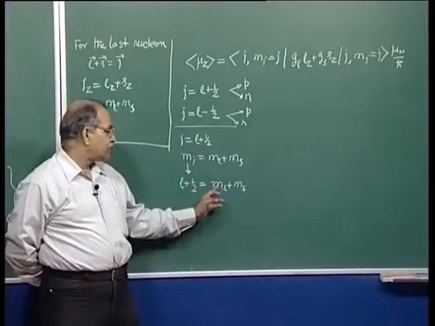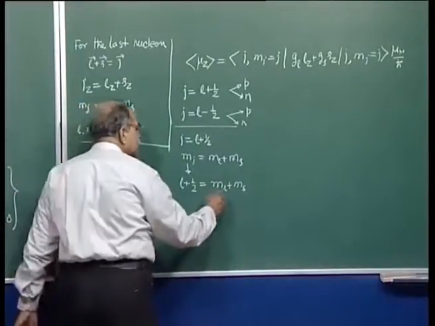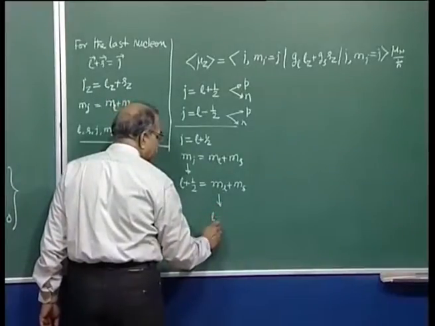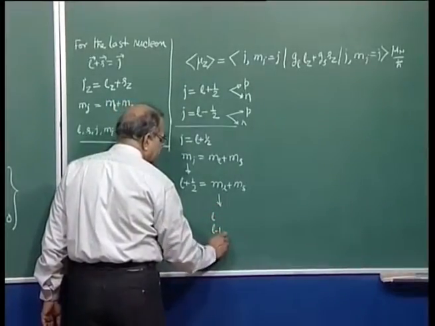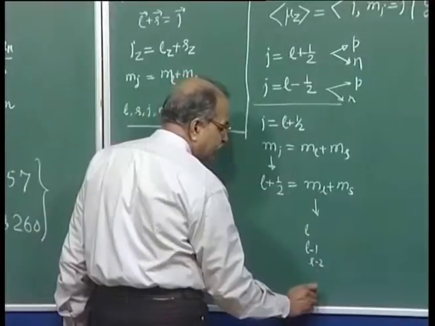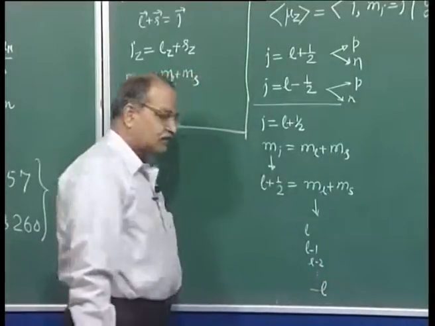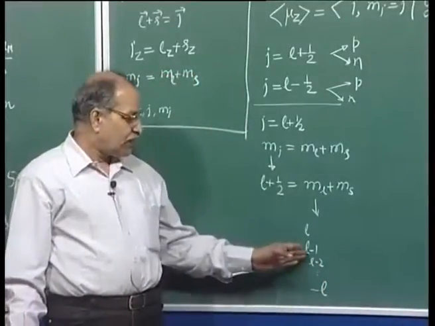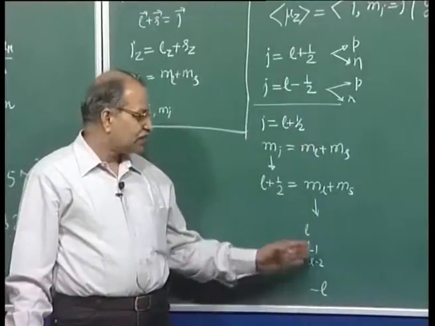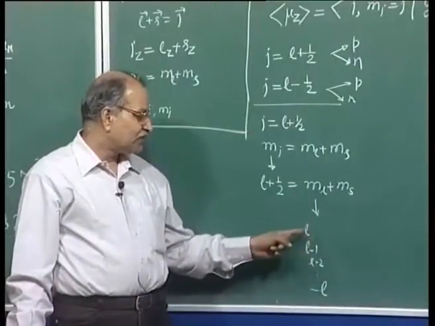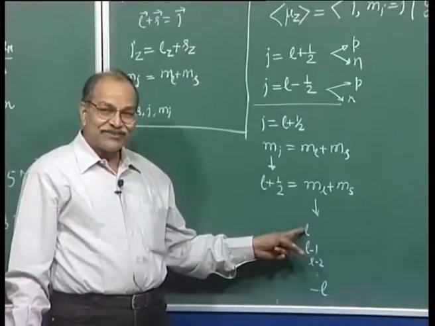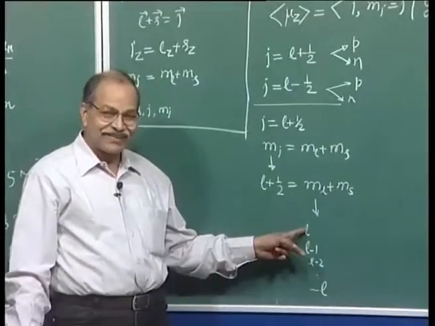So, it can take values L, L minus 1, L minus 2, etcetera, up to minus L. You may not have L minus 1, L minus 2; suppose it is a P state we are talking of, L is equal to 1, so 1 to minus 1.